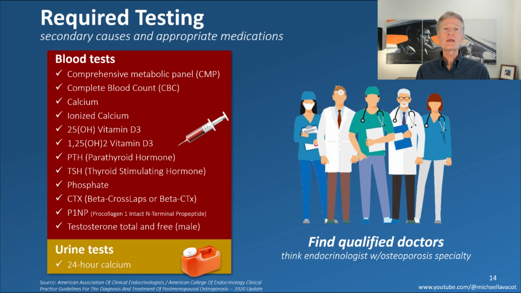Then you're going to get your vitamin D checked. And when you say, hey, check my vitamin D, 95% of the time what that means is this 25-OH vitamin D level. And this is what's called the storage form of vitamin D, and it's a very important number. But you also want to get checked at least once this 1,25-OH2 vitamin D. That's known as calcitriol.